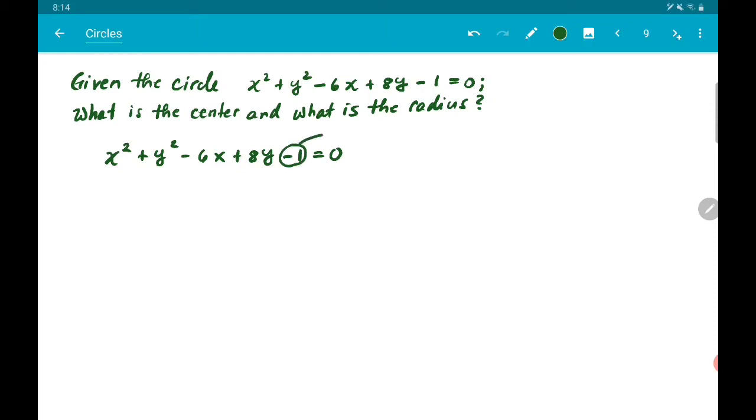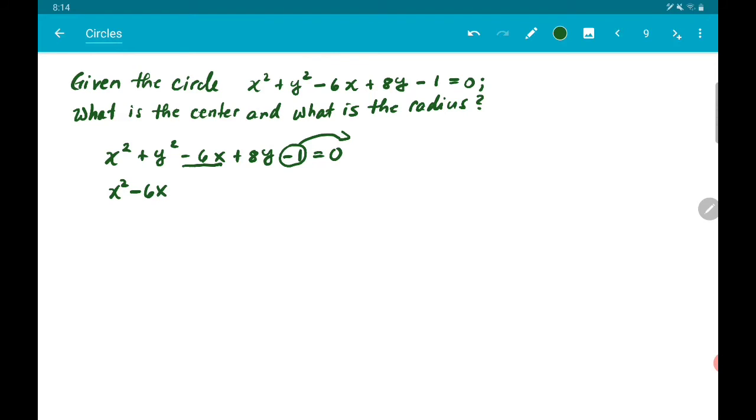The constant goes to the other side of the equation, and as we know, the shortcut is if you throw one term across the equal sign, the sign changes, so negative becomes positive. Another thing we're going to do is put the x and the y terms together. So it's going to be x² − 6x.